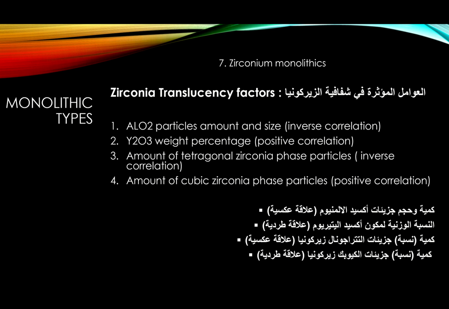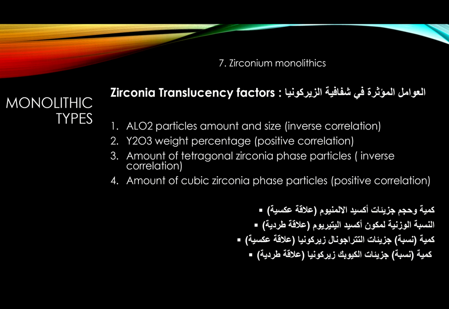Aluminum oxide particle amount and size, inverse correlation. If there's more aluminum oxide, then it's less translucent. If the particle size of the aluminum oxide is bigger, it's less translucent. So we want less aluminum oxide to get more translucency, and it has a different effect that we'll talk about later. So aluminum oxide is an inverse correlation.